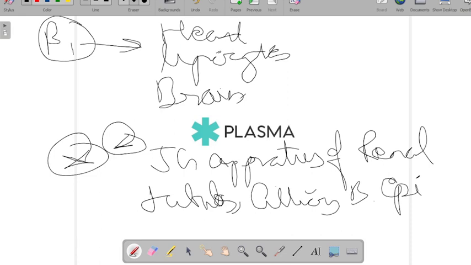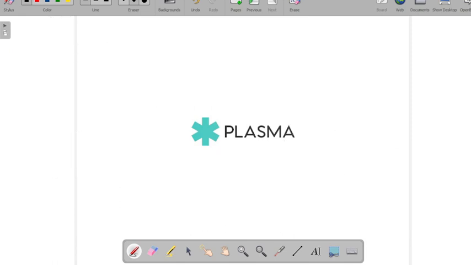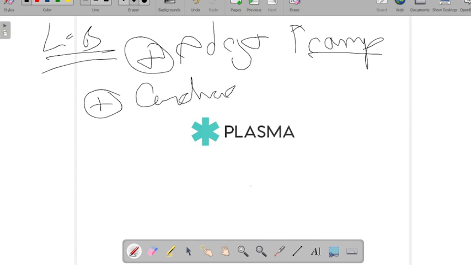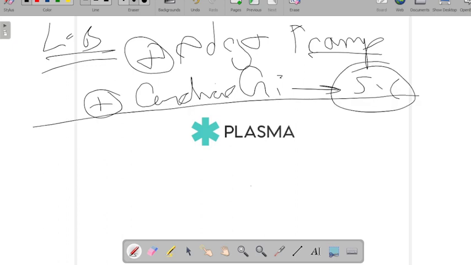Right? Now its effect of ligand binding, right? It's stimulation of adenyl cyclase and increase cAMP, and it activates cardiac GI under some conditions. Okay.